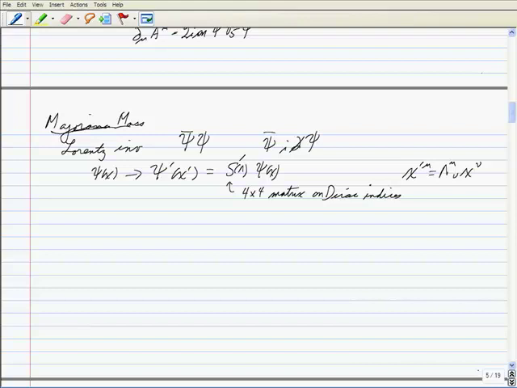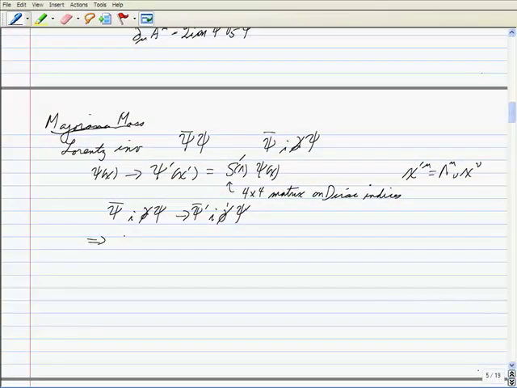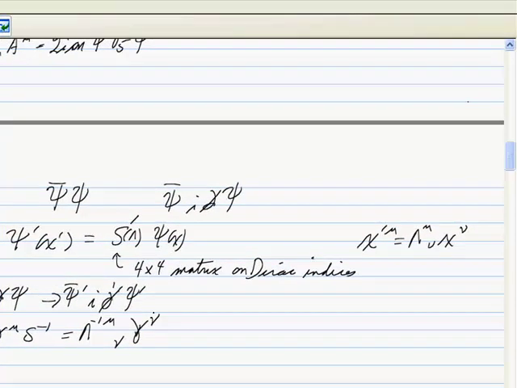And so if we want psi bar i d-slash psi to go into psi bar prime i d-slash prime psi prime, so in other words, everything primed, then you require that gamma mu equals S minus 1 gamma nu, this Lorentz transformation Lambda minus 1 mu nu.